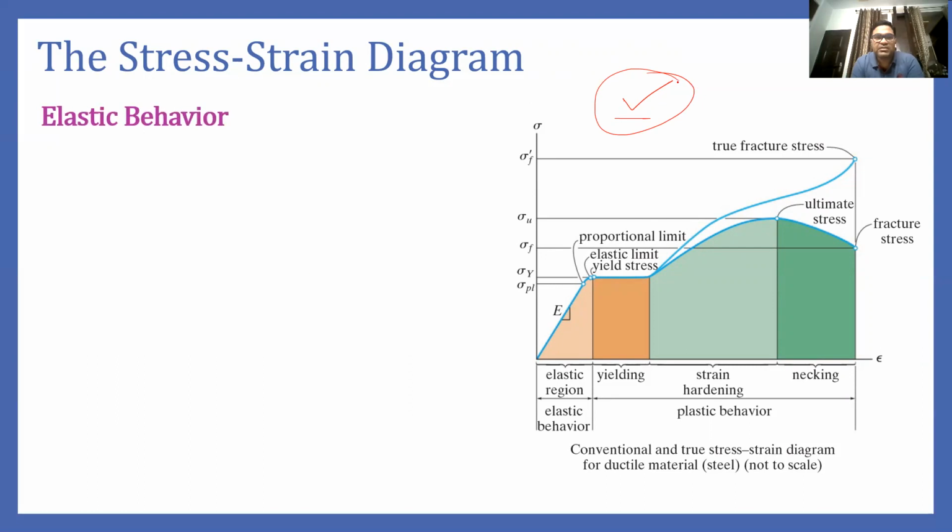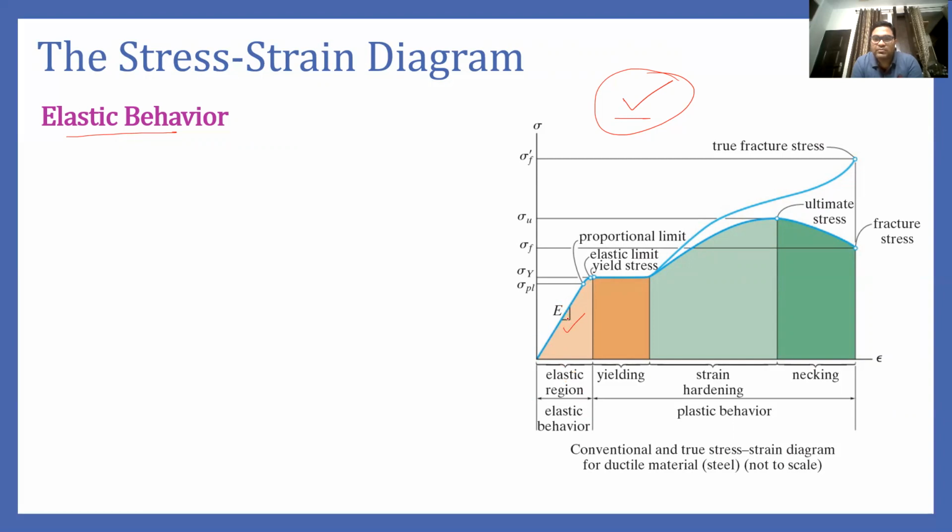First of all, we will discuss the elastic behavior. When we apply load, up to some load our steel will behave elastically. In this curve, you can see the region in light orange. This region represents the elastic behavior of the material.